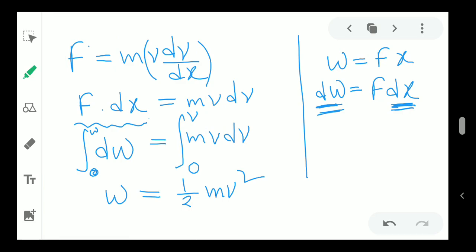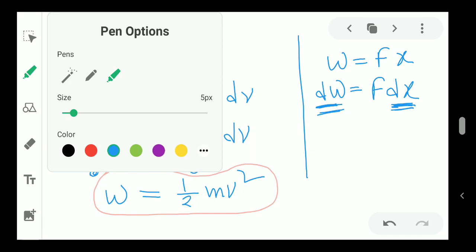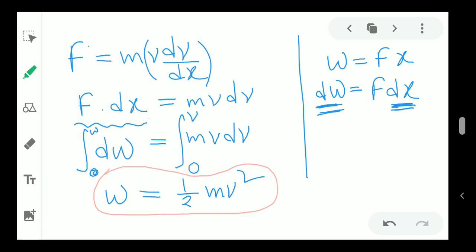The derivation you can learn later on also, but the derivation is important to understand what is happening. So this is how we have come to the conclusion that the work done to increase the velocity of some object from 0 to v is half mv square.